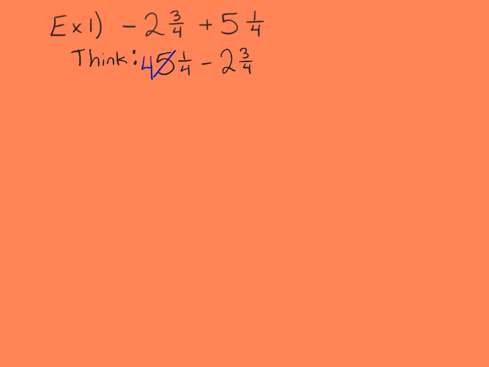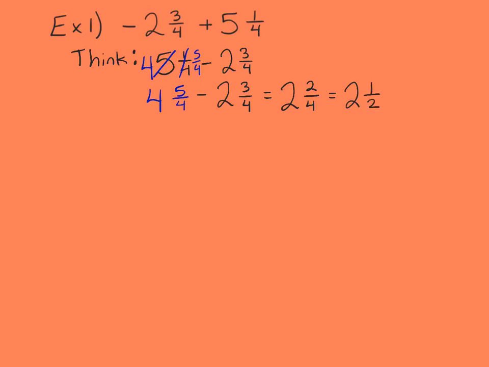And I'm going to add 1 to 1/4 to make it 5/4. So I've got 4 5/4 minus 2 3/4. Well, that would be 2 2/4, and we can reduce 2/4 to 1/2, so we get 2 1/2.